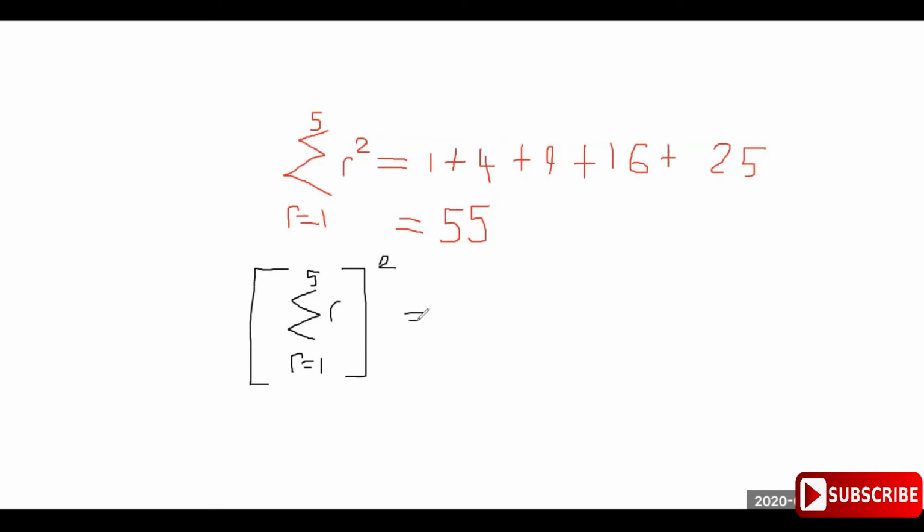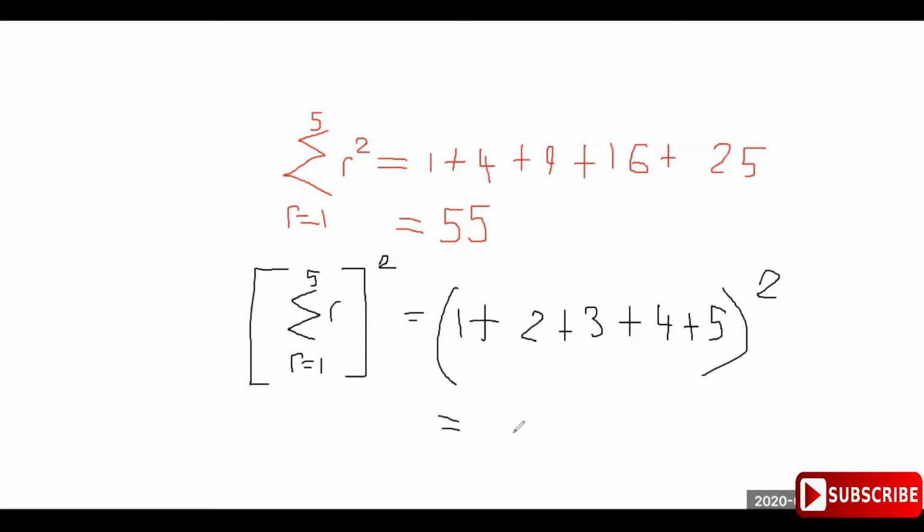That would be equal to plug in 1, we get 1, plus we plug in 2, then we plug in 3, then we add 4, then we add 5, and then we square it. 5 plus 4 is 9, plus 3 is 12, plus 2 is 14, plus 1 is 15. 15 squared is 225. You see it now? And so they are not equal.